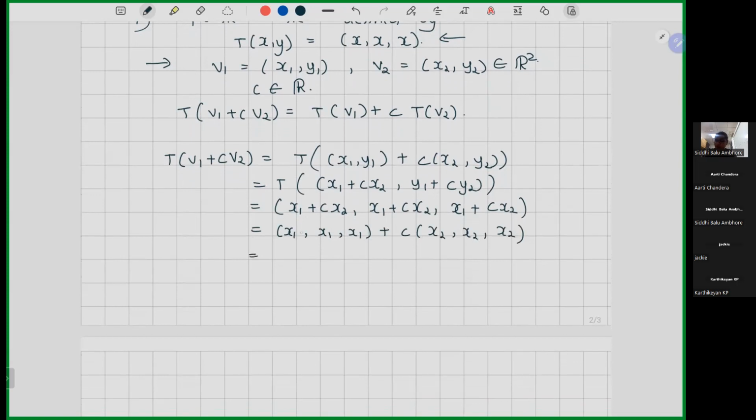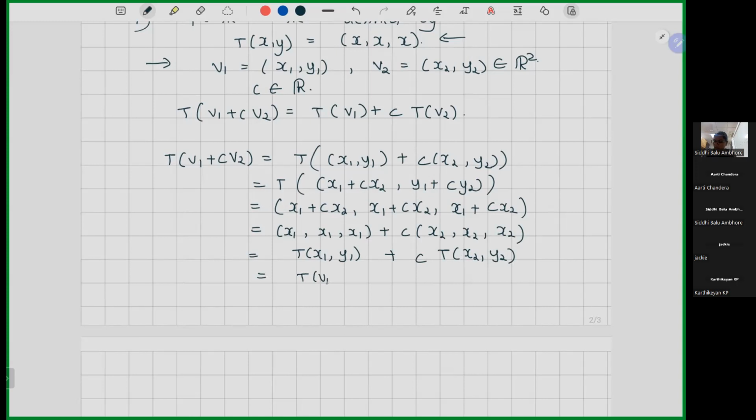From the definition, this is T of x1, y1 plus C times T of x2, y2, and this is what we needed. And what is x1, y1?